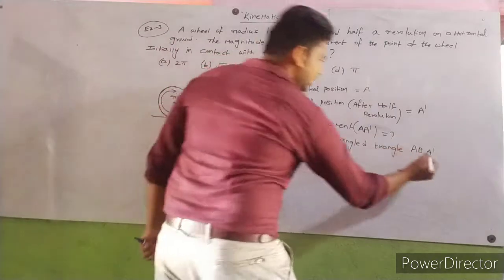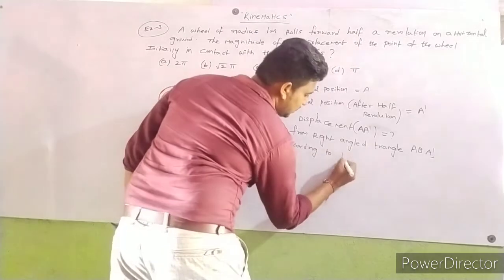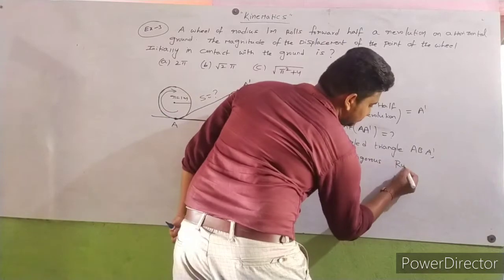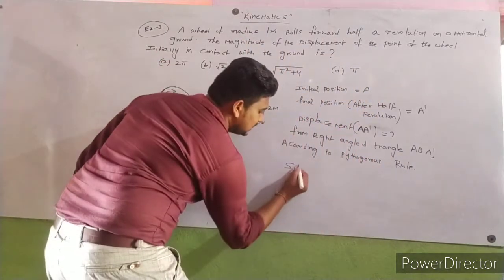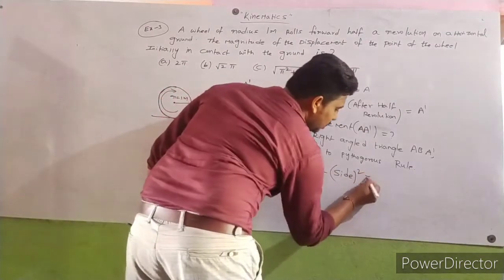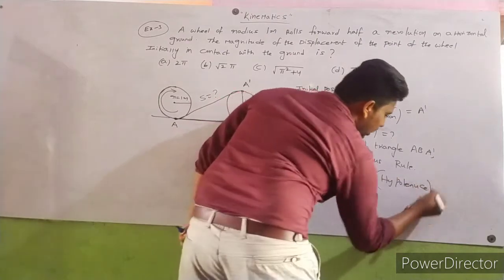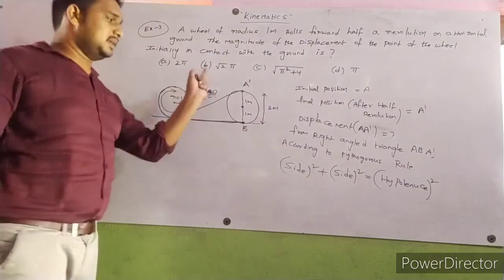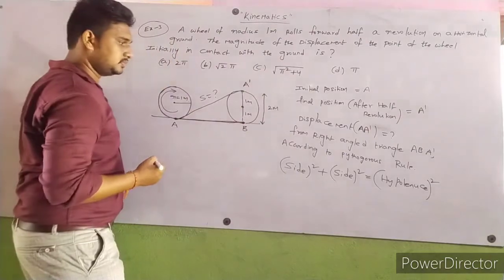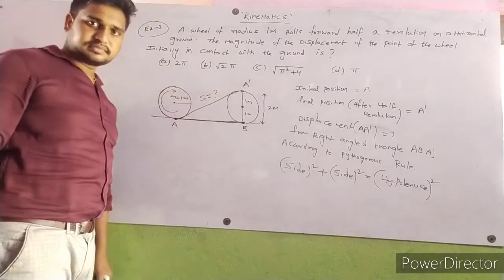According to the Pythagoras rule, side squared plus side squared is equal to hypotenuse squared. AB is one side, and A dash B is another side. The hypotenuse is the displacement.